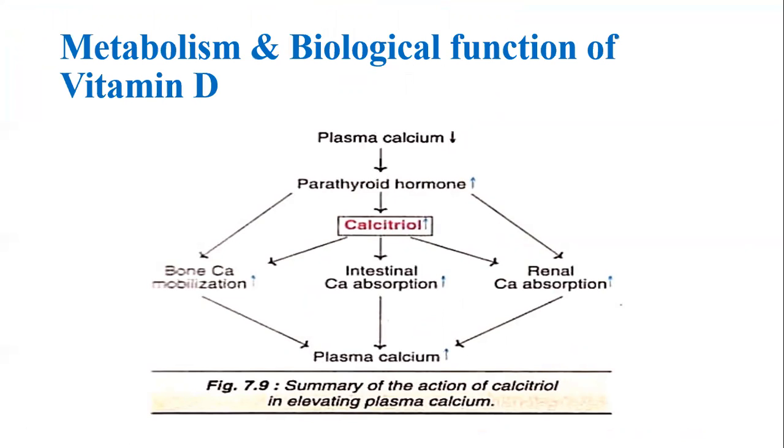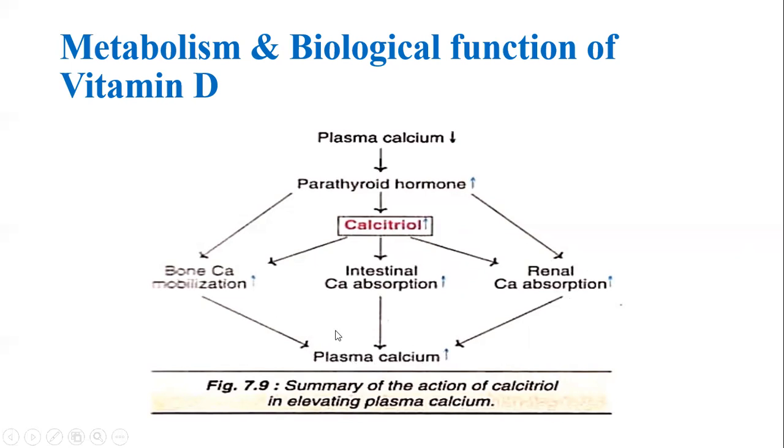The stimulated parathyroid gland, after sensing the decreased plasma calcium concentration, secretes parathyroid hormone, PTH. This PTH hormone acts on the bone and increases calcium ion mobilization, which increases the plasma calcium concentration, and it also acts on the kidney, increasing renal calcium ion reabsorption.